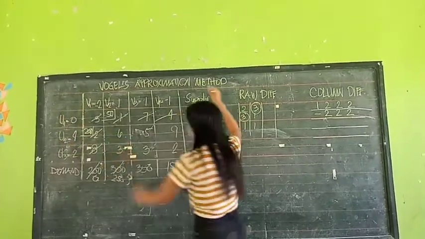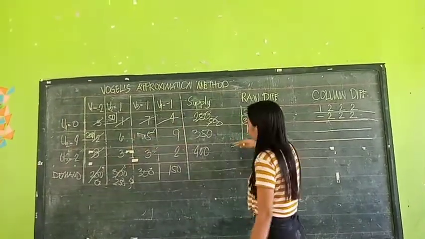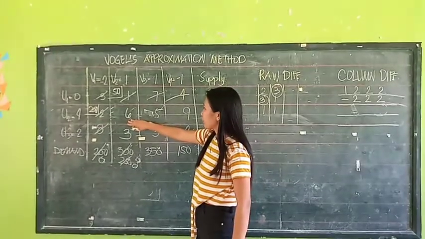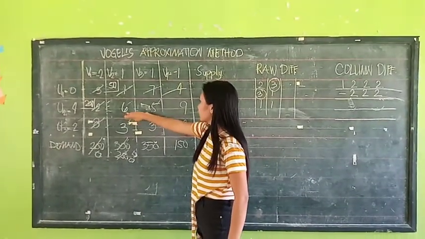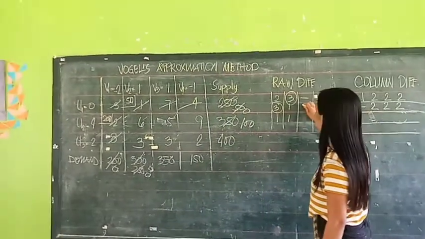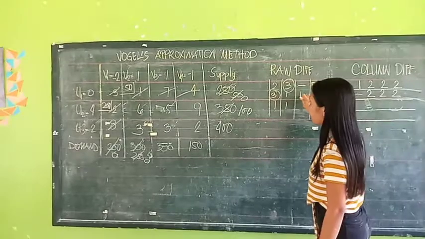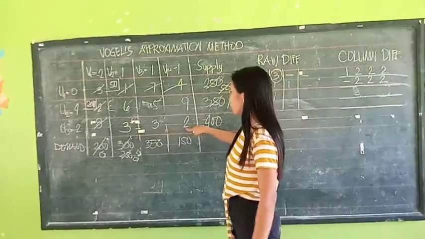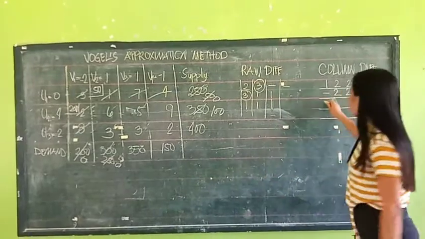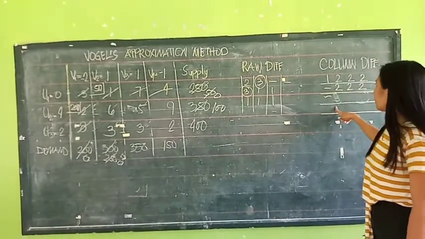Second, we need to find the row difference. The row difference of 6 and 5 is 1. And the difference of 2 and 3 is 1. So copy 1. So we need to find the column difference.